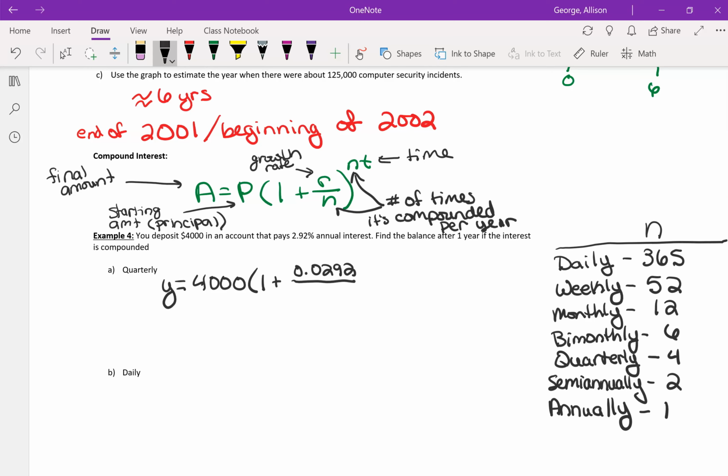And in part A, it's being compounded quarterly. All right, checking over here on our table, we said if something's compounded quarterly, that's 4 times a year. We also need that 4 right there. And then it's after 1 year, so it's 4 times 1. All right, from here, just type it straight in Desmos or your graphing calculator.